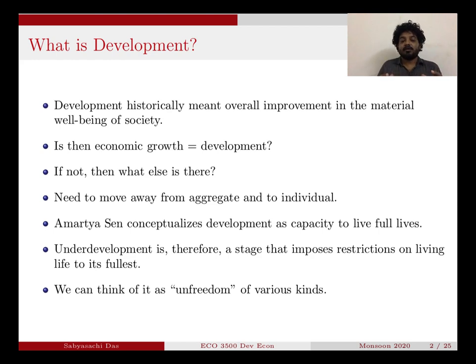Therefore, you can think about underdevelopment, which is the opposite concept of development, as a stage where society and the economic milieu is imposing restrictions on life, so that individuals are not able to achieve a lot of these goals.